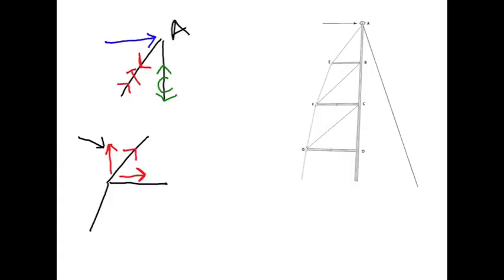So this vertical force here will have to be resisted by this lower diagonal. There we go. And because that's not completely vertical, that member, to create a force that's going down the member, it needs two components, one horizontal and one vertical, like that, to add up to the total force.